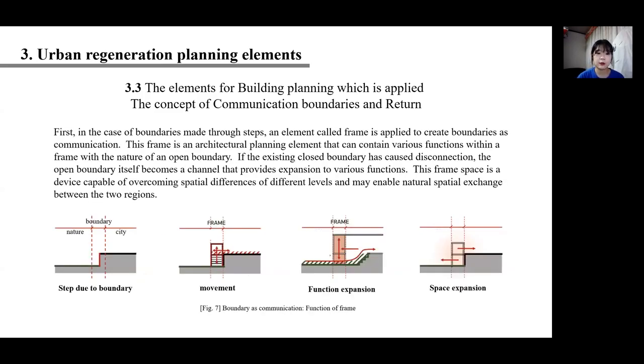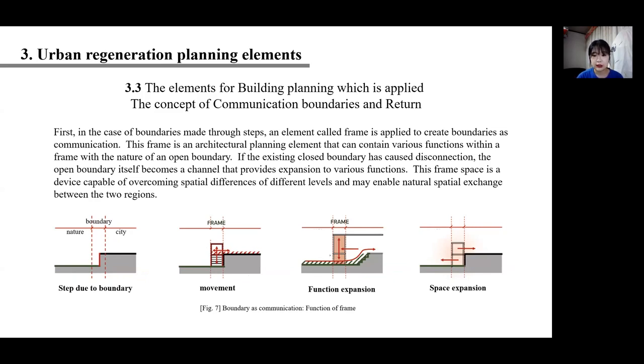First, in the case of boundaries made through steps, an element called frame is applied to create boundaries as communication. This frame is an architectural planning element that can contain various functions within a frame with the nature of an open boundary.